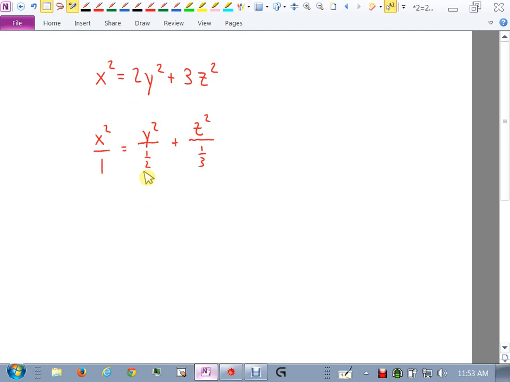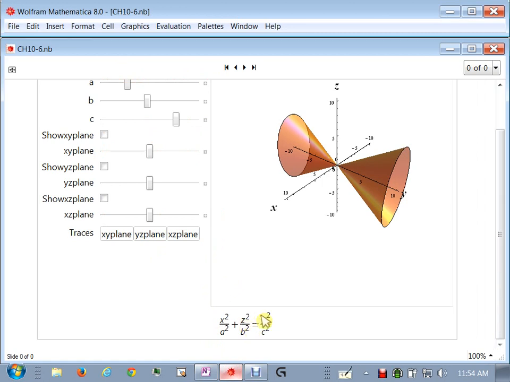And then couldn't I look at that as being x squared over 1 squared equals y squared over the square root of 1/2 squared plus z squared over the square root of 1/3 squared? Yes? I'm trying to get it to look something like this.